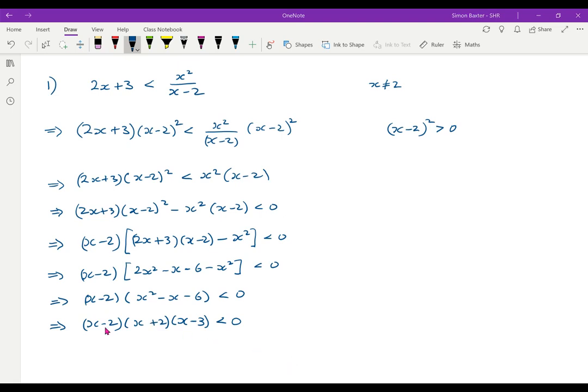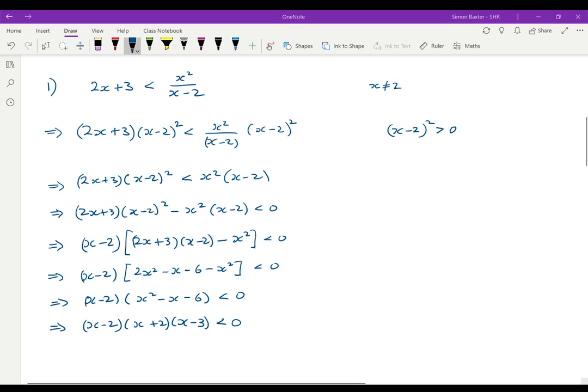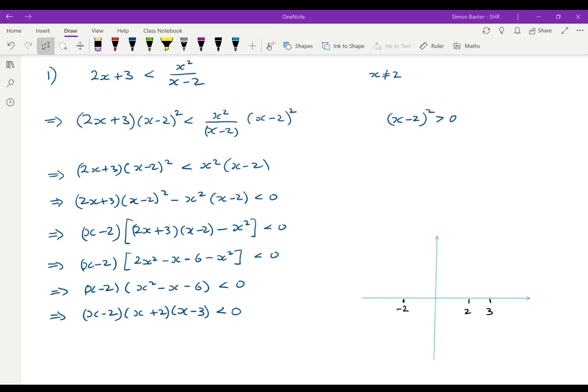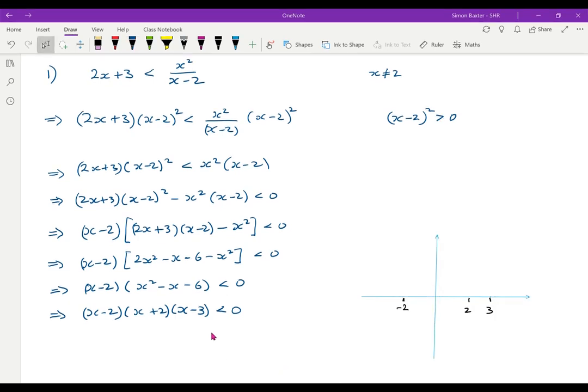Right, now how can we discover when that is less than 0? What would you do now? Well, if we look at the function on the left-hand side of the inequality, it's of degree 3.